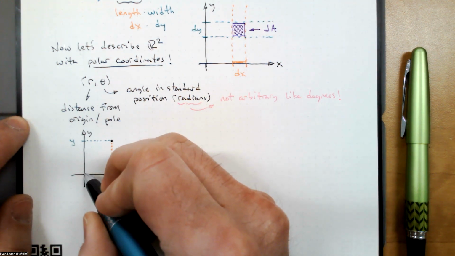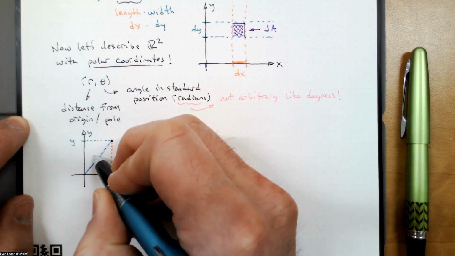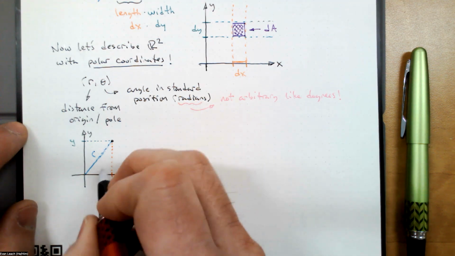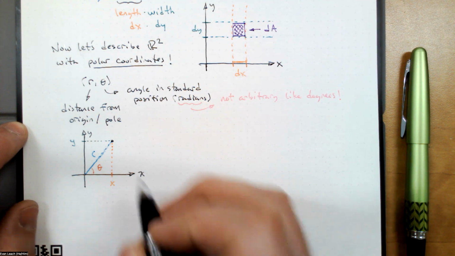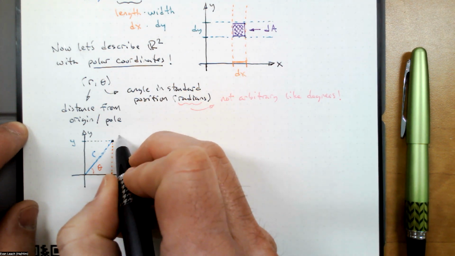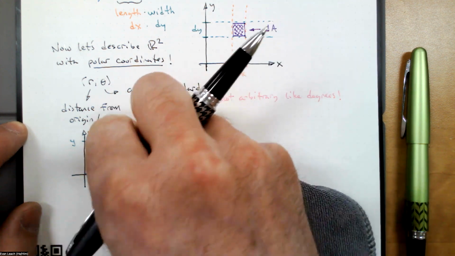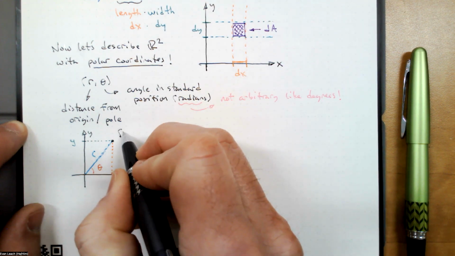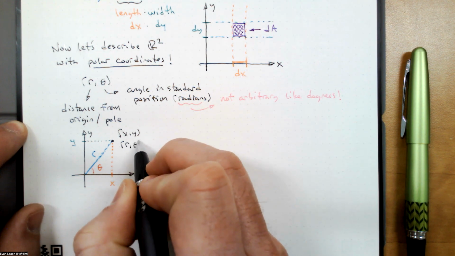So we have one distance. And an angle. We have that distance and we have the angle theta. So the coordinates of this point are either x, y or we can write this as r, theta.